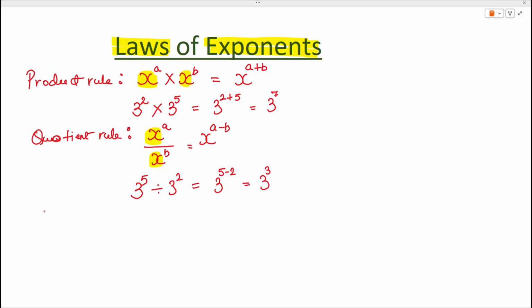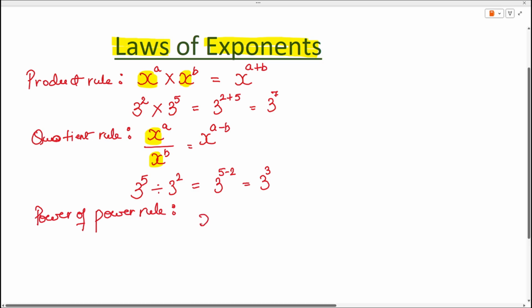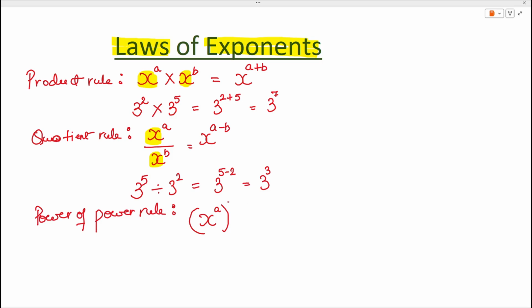The next rule is called the power of a power rule. As per this rule, if it is x to the exponent a and then this whole thing is again raised to the exponent b, which means you already have the power, which is x exponent a, then this can be written as x raised to the exponent a multiplied by b.